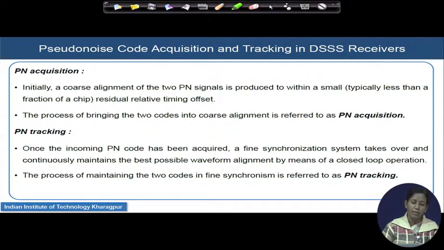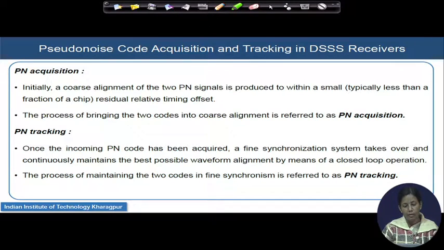But at the end of this coarse estimation, which is also called the PN acquisition, we end up with the residual relative timing offset. The remaining timing offset, we now try to correct in the PN tracking section.